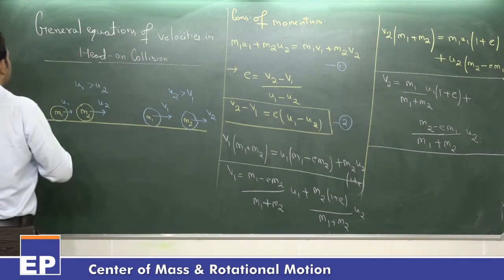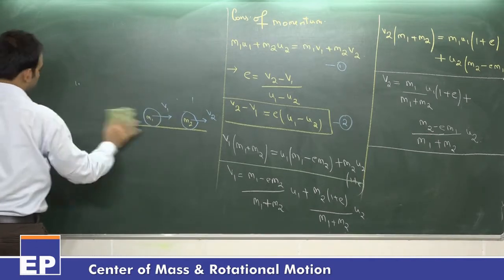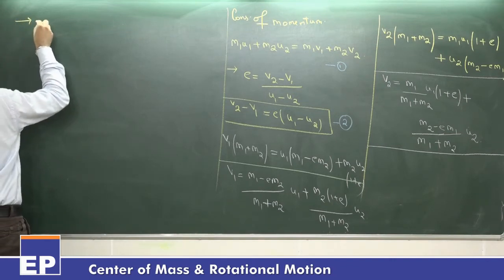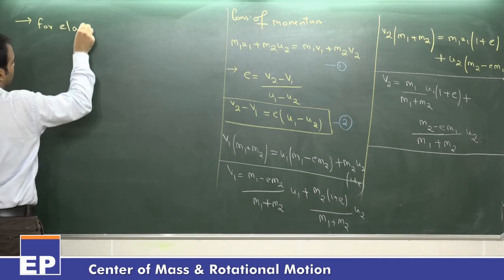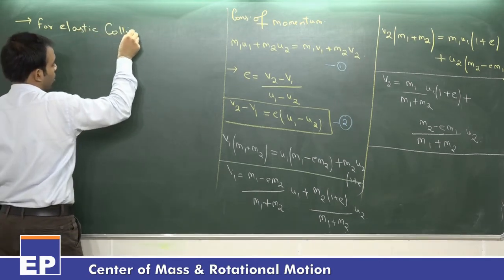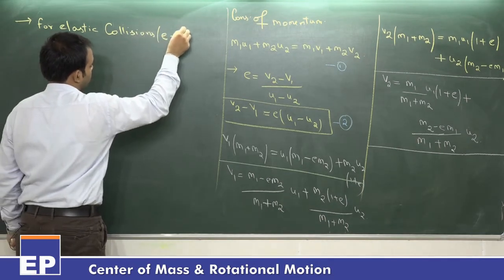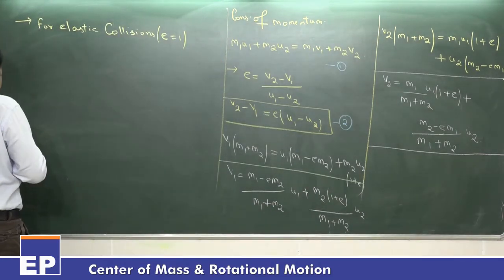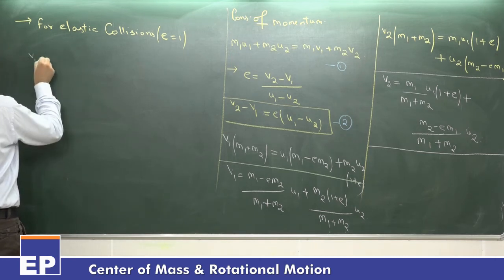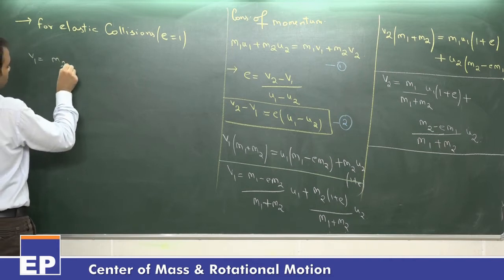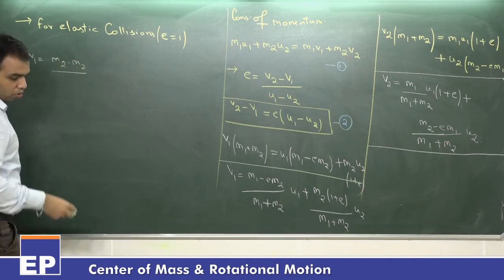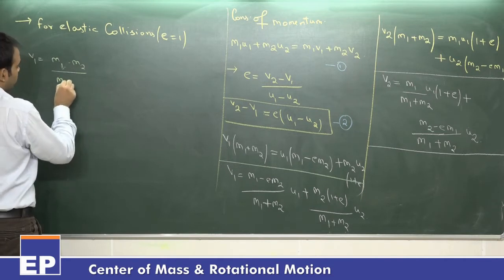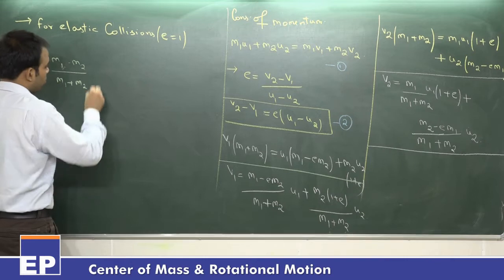अगर हम सिर्फ डिस्कस करें फॉर इलास्टिक कोलिजन्स, E is equal to 1, E1 होता है, E की वैल्यू 1 डाल दो उसमें, तो अगर 1 डालेंगे तो हम क्या निकल के आ रहा है, देखो v1 क्या निकल के आ रहा है, v1 will come out to be m1 minus m2 divided by m1 plus m2 into u1.